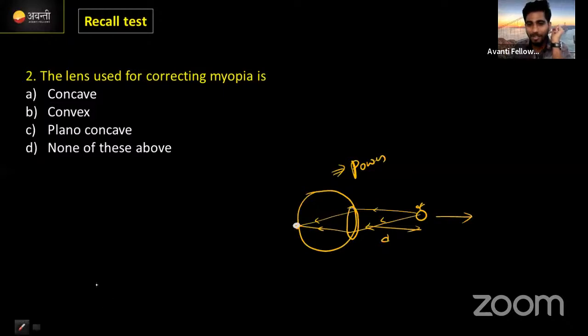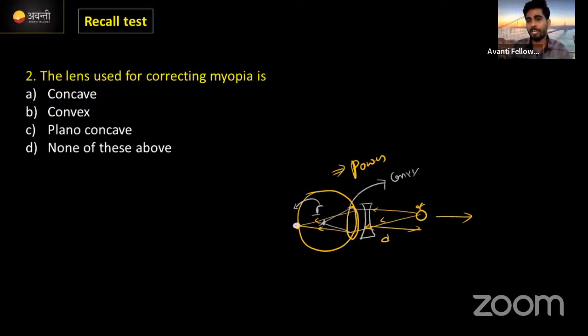Before the eye lens, they are going to converge here. The image will be formed here, so to shift this image to the retina, the converging is too much and we have to reduce it, which means we need to introduce an opposite kind of lens. Our eye is a convex lens.